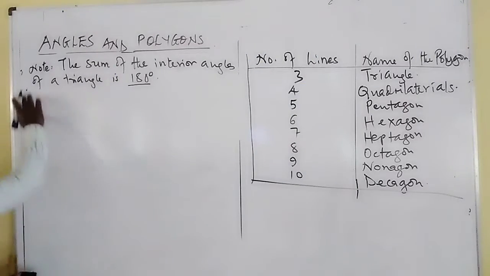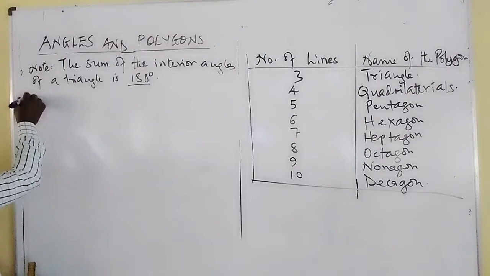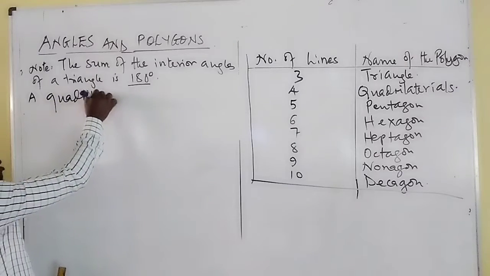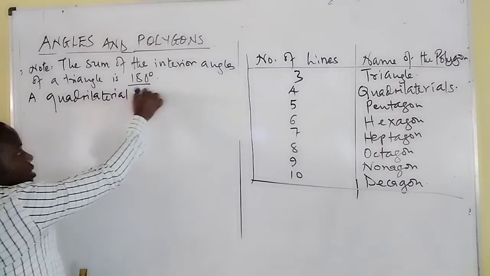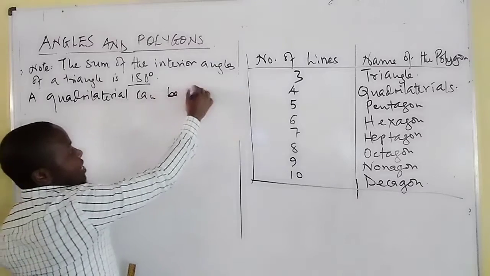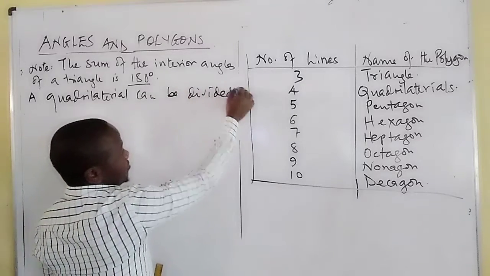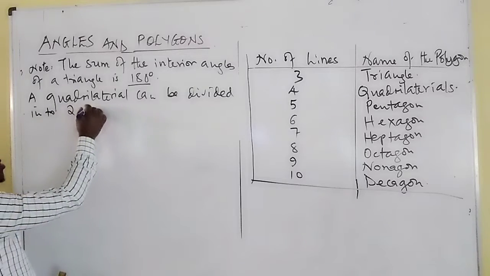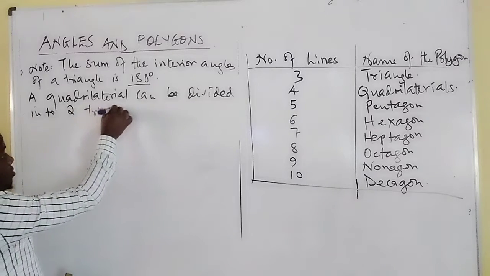Now, it is also very important to note that a quadrilateral can be divided into two triangles.